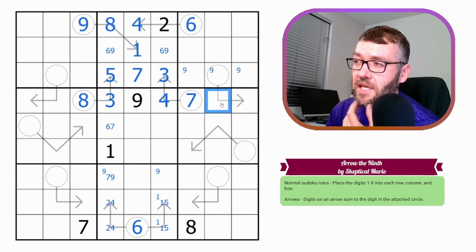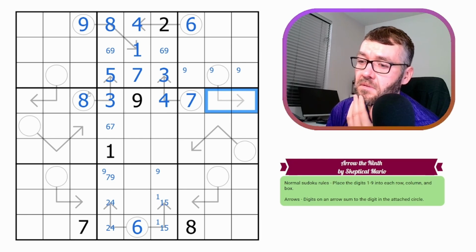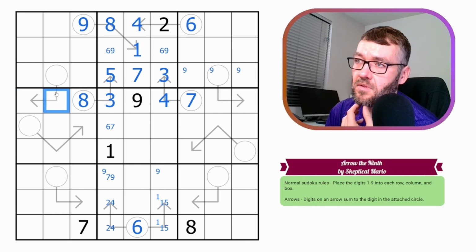The 5 and the 6 can't go on the same line together, because that obviously would be 11. So it's either going to be, if we did 1, 5, this would be 6. We could do that. You can't do 2, 5, because that would make either one of these 7, and we already have a 7 in this row.